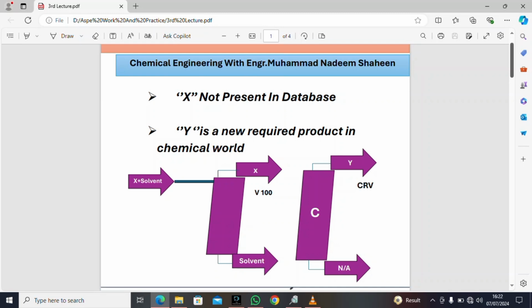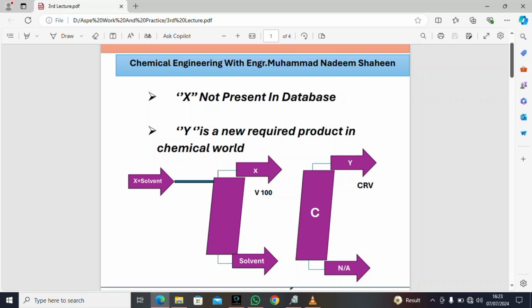That is of course our problem. Let's say x is a polymer that may not be present in the database, and y, which is our product, is a totally new compound, a new product to the market, which of course is not going to be present in Aspen ICs and Aspen Plus.